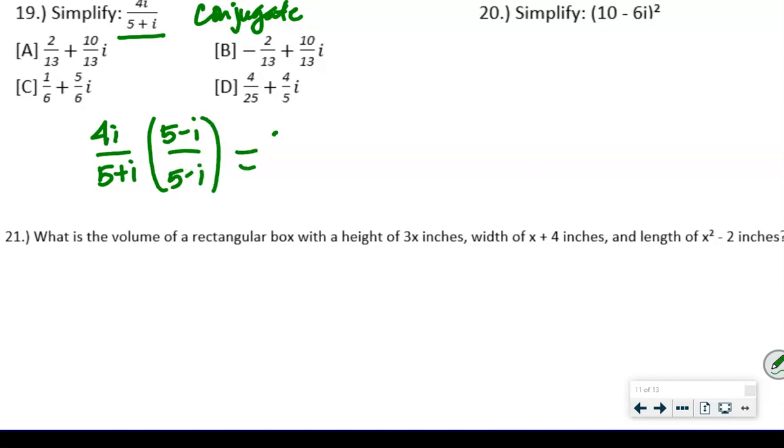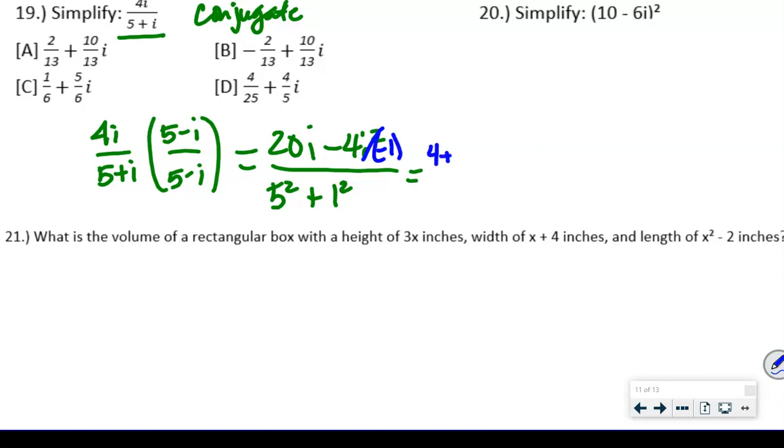So that's going to be 20i minus 4i squared. And then remember, the shortcut here, y'all, is to square the 5 and to square the 1, right? So that's going to give us, and we're going to change this i squared to a negative 1. And what is negative 4 times negative 1? That's going to be 4 plus 20i over 26, right, y'all?